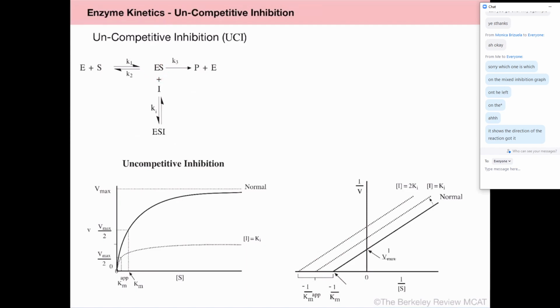Okay. And so what does that mean, right? If it only binds here, that means our Km is going to decrease again, right? But because we're not forming product, our Vmax is also going to decrease.